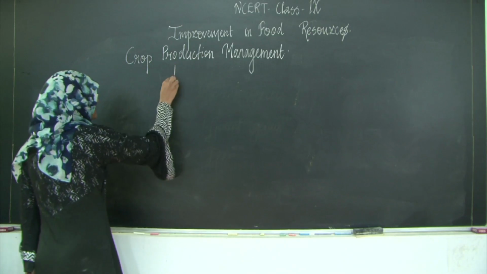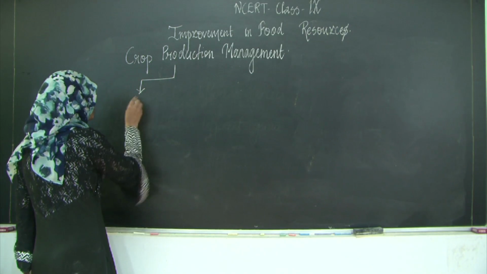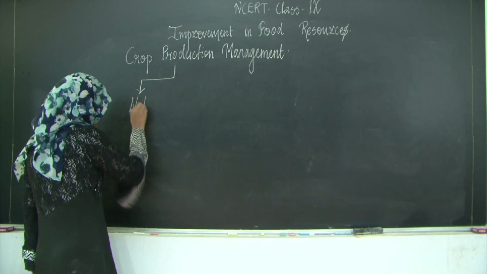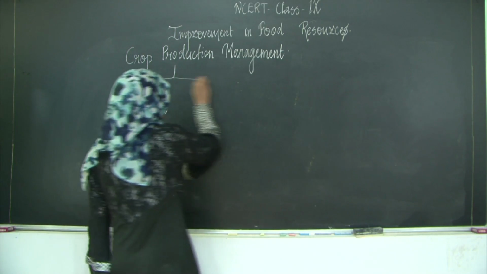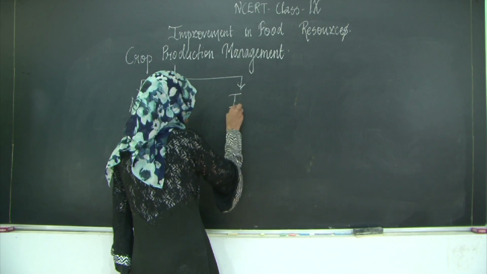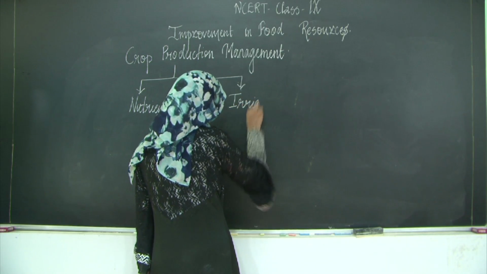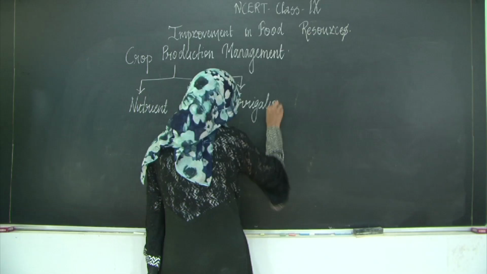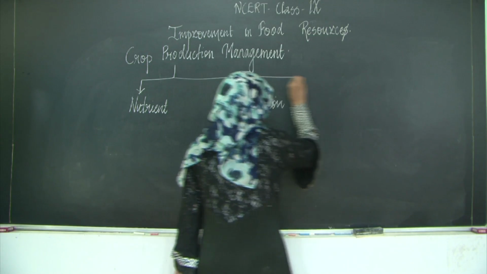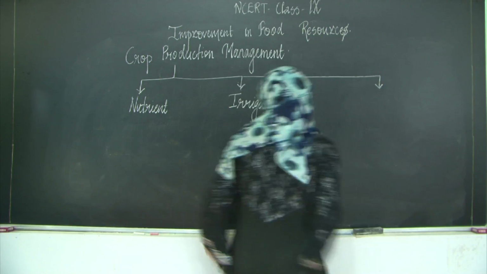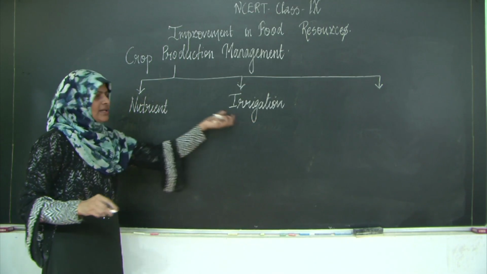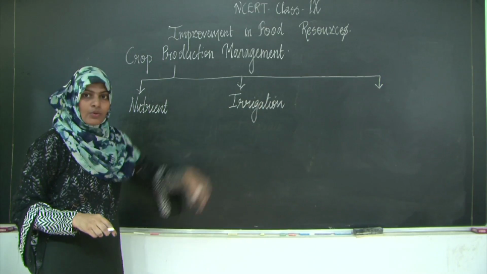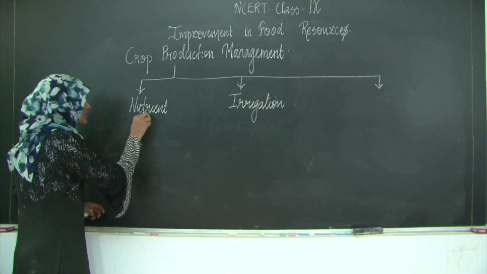The first is nutrient management. The next one is irrigation, and the last one is connected to both of these. So first we will do nutrient management, then irrigation, and then we will go to the last one. Let us see the nutrients.